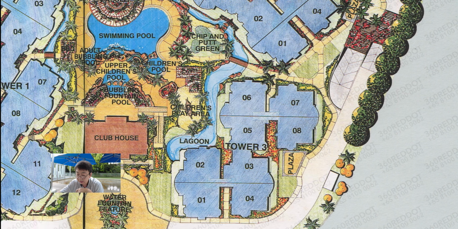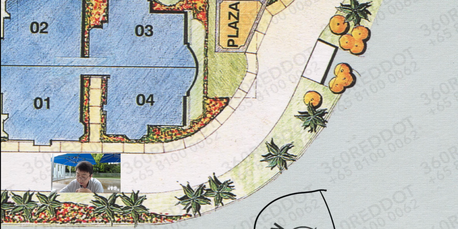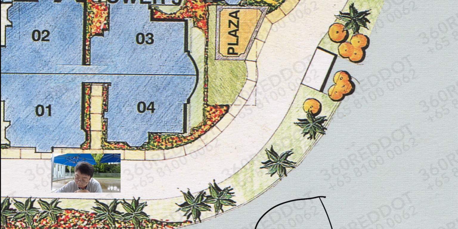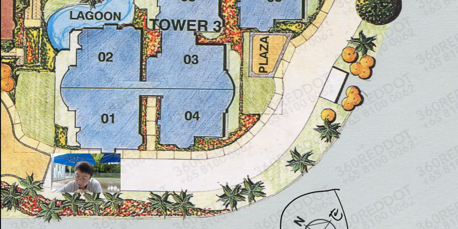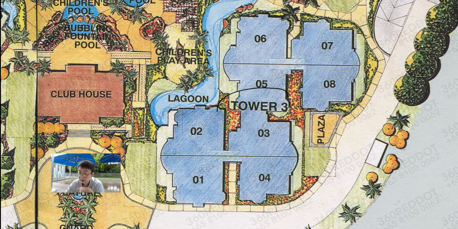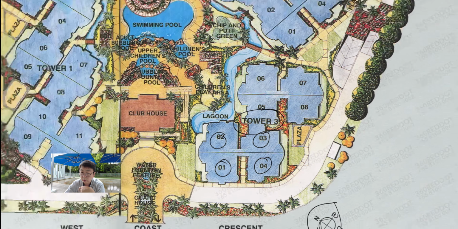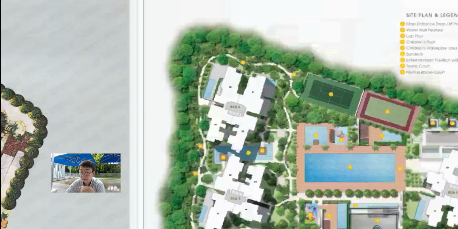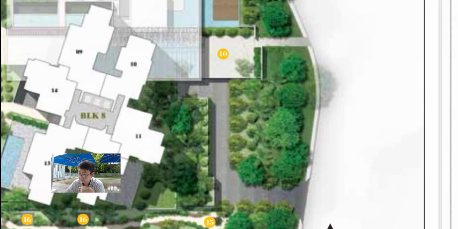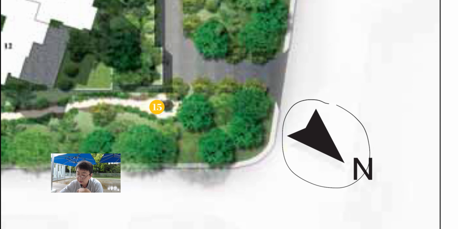So you can see, you see the direction, yeah, and the block number and the unit number following on. Okay, same thing you can see from here, yeah.